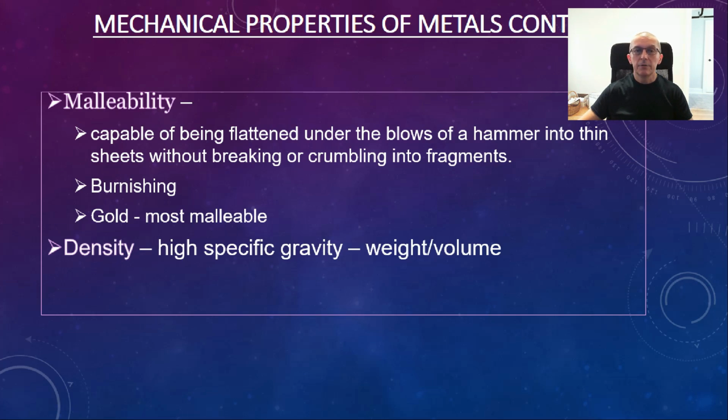So we measure the wax in grams, then we take the specific gravity in grams per centimeter cubed, and by multiplying the two, we get the weight of the metal needed to replace that volume that the wax leaves behind after burnout.